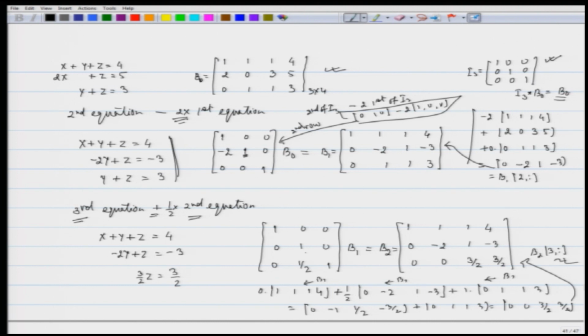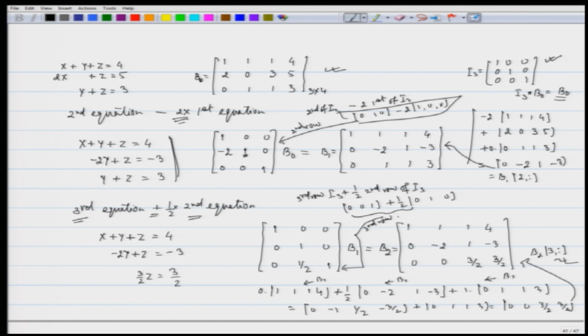Similarly, here also I would like you to see that I am looking at the third equation. So, third row of identity plus half of second row of identity. So, it is 0 0 1 plus half of 0 1 0, which gives me here the third row, all right.